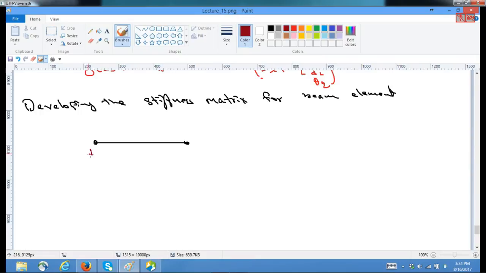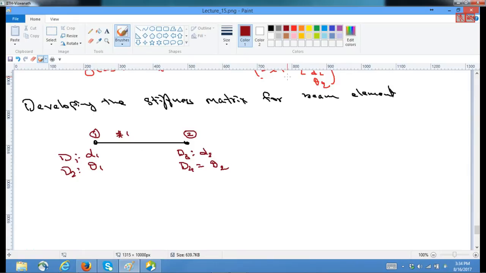We have D1, theta 1 as degrees of freedom. This is capital D1. This is capital D2. This is capital D3, which is nothing but D2, and capital D4, which is equal to theta 2. So this is node 1, this is node 2, and this is, let's say, element 1, which has these properties.